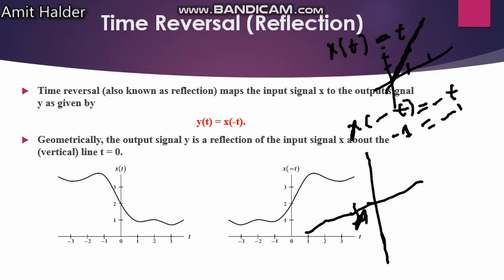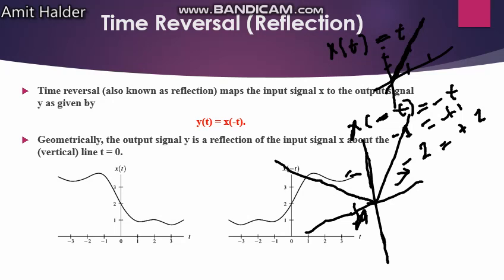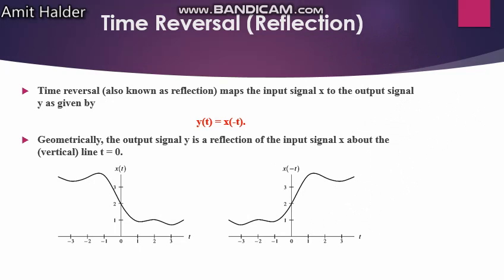Similarly, minus 2. After that, minus 1 minus is plus 1, plus 2. So the shape will be like that. Just like a mirror, there's an image of this side on that side. So that is the time reversal or time reflection.